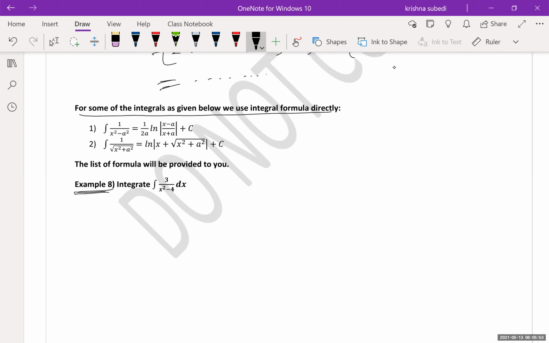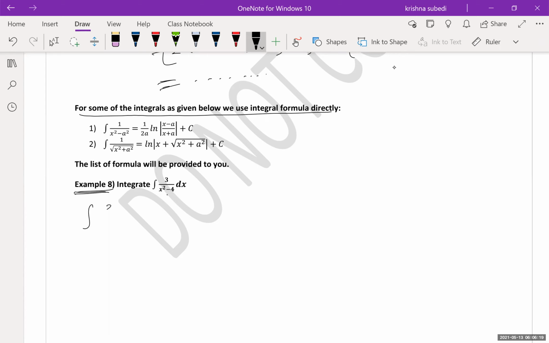Look at the formulas in your handout. I think the handout that I uploaded in Canvas has all the table. Look at the table and tell me which formula closely resembles this question.